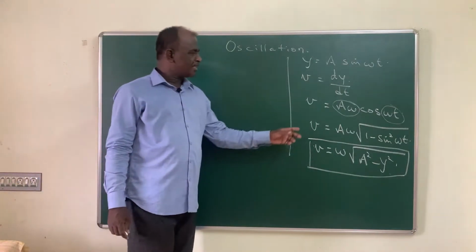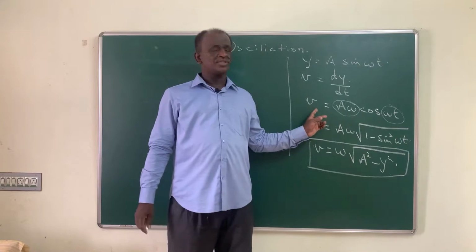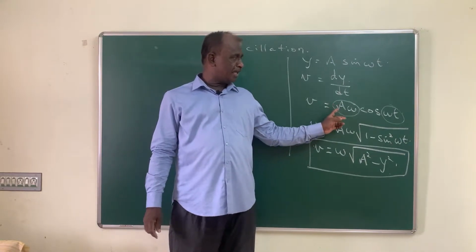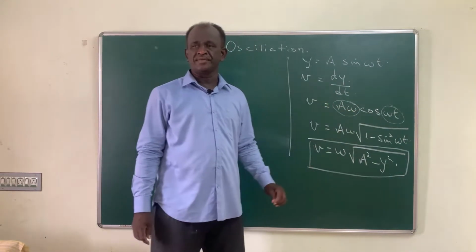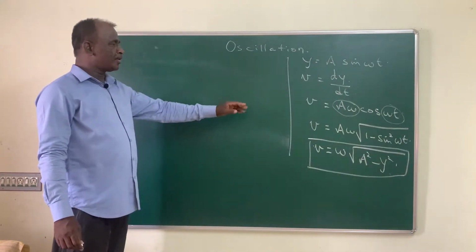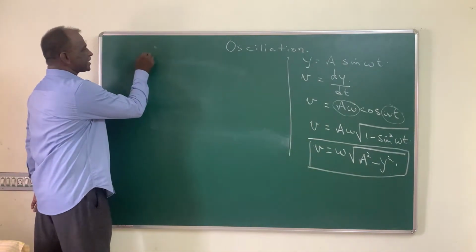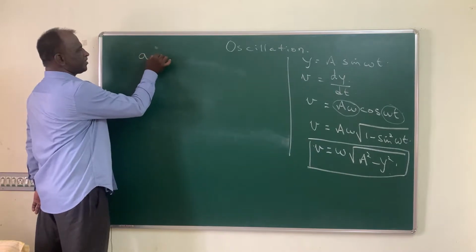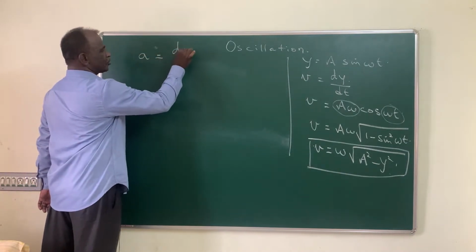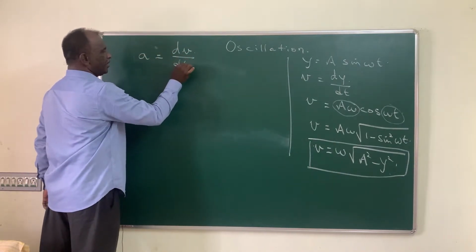We have found that the velocity of a particle executing simple harmonic motion is given by v equal to a into omega into cos omega t. For the same particle, we can find the acceleration. Acceleration is given by dv by dt.